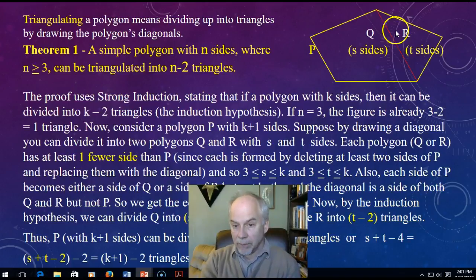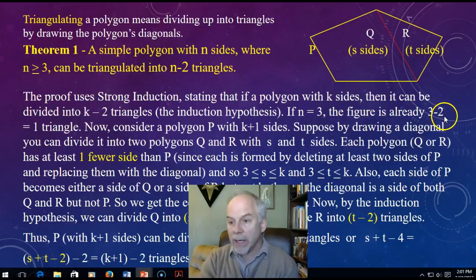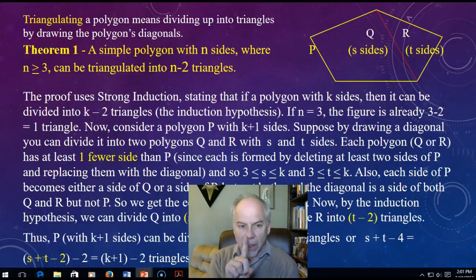Now we also need to establish the basis step, so if n is 3, the figure is already 3 minus 2, or 1 triangle. So obviously if you have a 3-sided polygon, that's already 2 less than that, or 1 triangle. Now consider a polygon P as shown in the picture with k plus 1 sides.